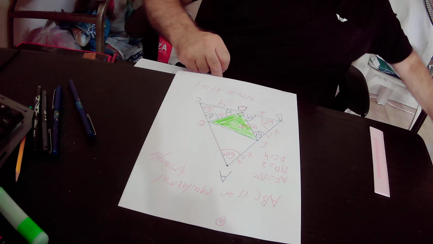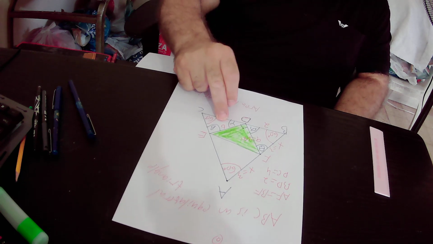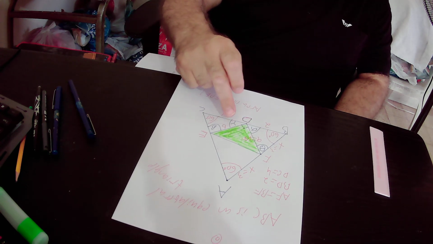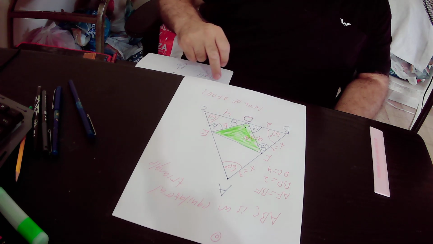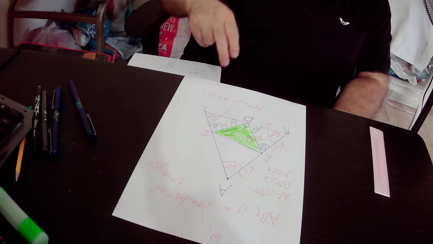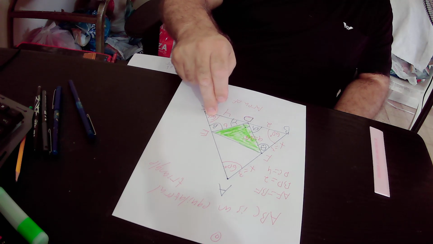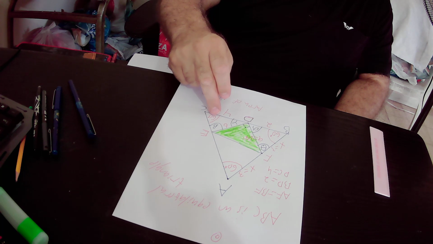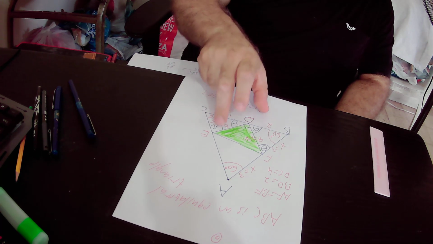And then we implemented the law of sines in the small triangle DEC, in this triangle. According to the law of sines, DE over sine 60 degrees equals DC over sine beta.